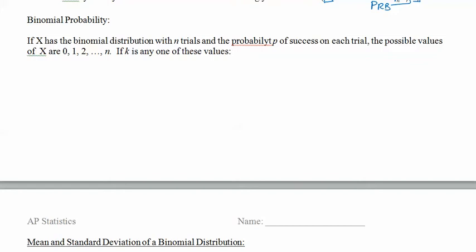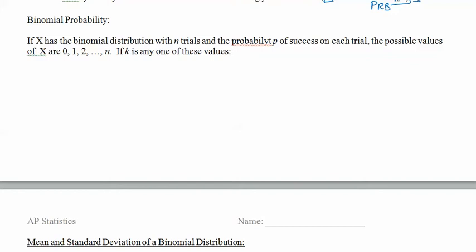So how do we go about using this? If x has the binomial distribution with n trials and a probability p of success on each trial, the possible values of x are 0, 1, 2, 3, etc., all the way up to n.